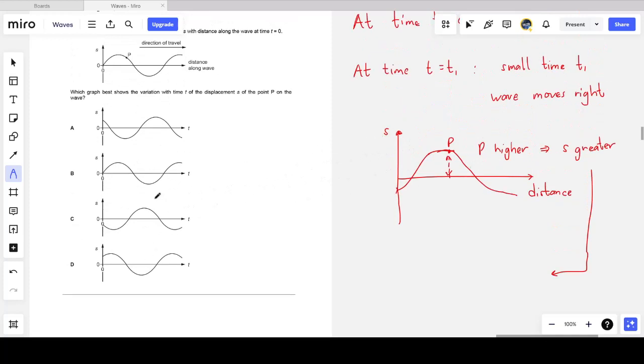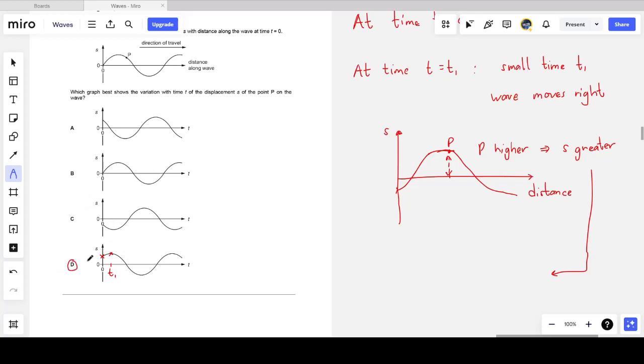So at time t equals 0, I have a positive value, and the displacement increases after a short time t1 has passed. And so that corresponds with option D, where the displacement is greater than 0 initially, and then gets even greater as the wave moves to the right a short time later. And so that corresponds with option D.